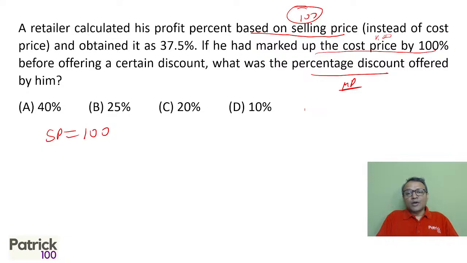Because from there you can find the cost price, from there you can get the mark price, and from there you can get the discount. Percentage discount is nothing but mark price minus selling price over mark price into 100.